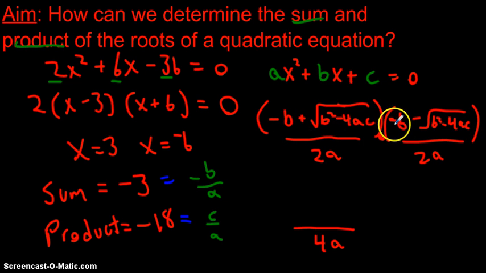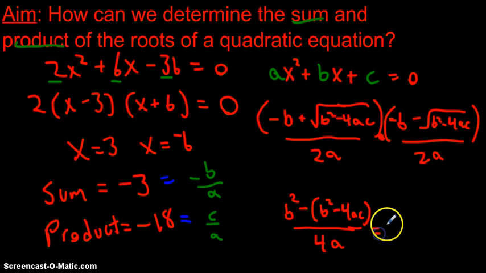The first terms are the same, the second terms are the same, the only difference is the positive and negative here. So multiplying those through, we get b squared minus b squared minus 4ac, which will simplify to be b squared minus b squared plus 4ac.